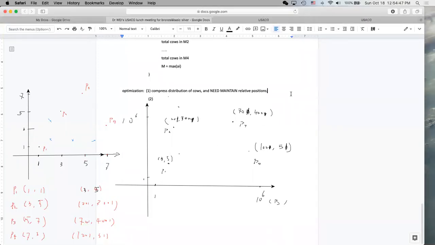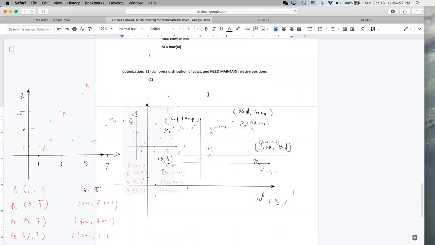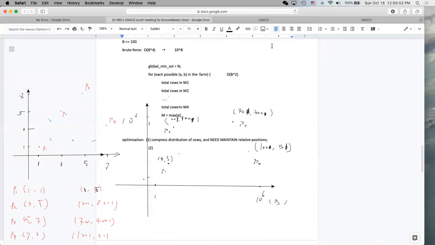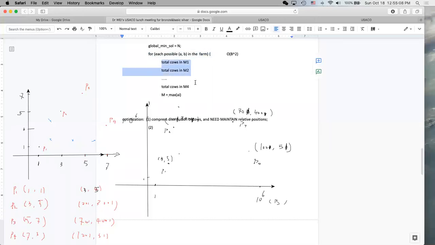Before I do that, let me get down this picture here. Okay. So look at this Brute Force. Now we optimized the for loop, which is really something. Now, what about the inside?